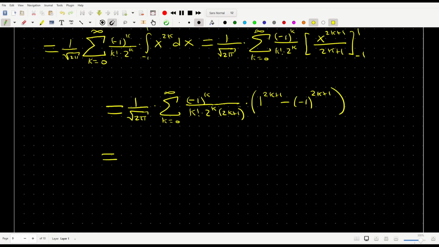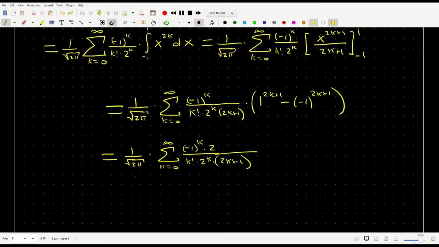And so our answer is 1 over the root 2 pi times the sum from k equals 0 to infinity of (-1)^k times 2 over k factorial times 2^k times (2k+1).